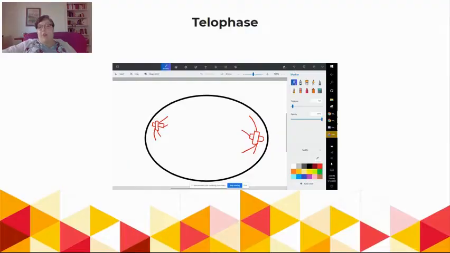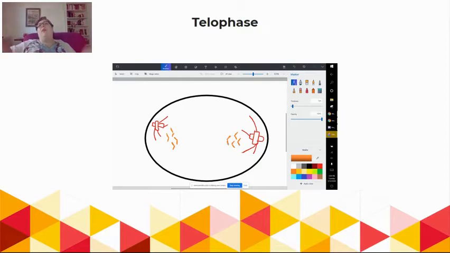This is telophase. And this is where that entire process wraps up. So the critical things that happen in telophase are basically the opposite of what happened in prophase.